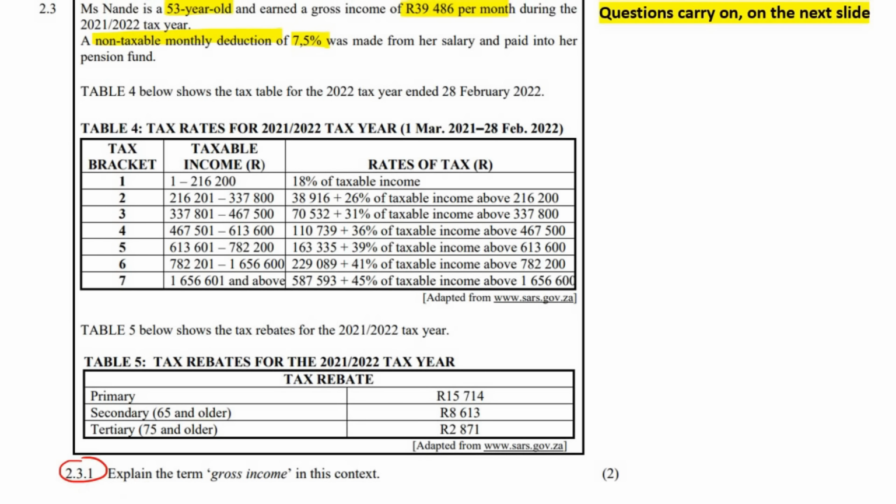Okay, so explain the term gross income in this context. So remember, gross income is how much somebody earns before any deductions. For example, if you have a normal job one day, you're working for someone, you're getting paid a salary. Let's say you get paid 20,000 rand. That is what they pay you.